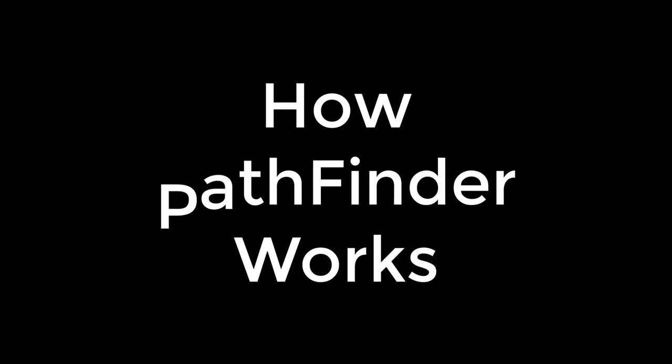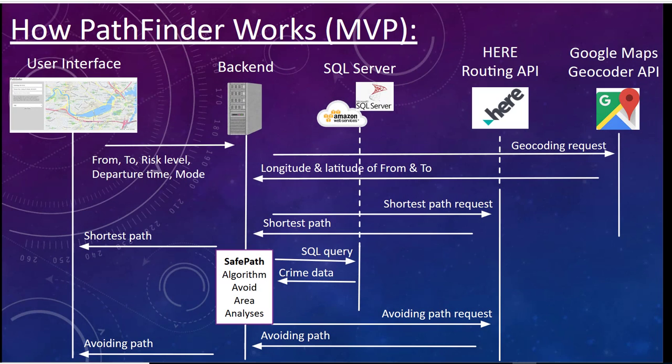Now I will go a bit deeper into the workings of the PathFinder application. As seen in the demo, 4 input parameters from the UI are passed to the backend server. Using the geocoding services from Google, latitude and longitude for the from and to addresses are requested.